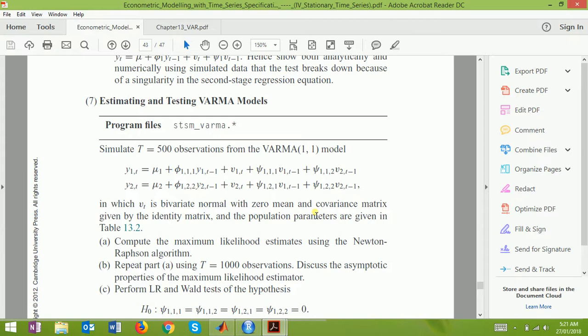Number 7, the problem is STSM VARMA, where it suggests to simulate T equals 500 observations from a VARMA(1,1) model, where y1t and y2t are the variables.